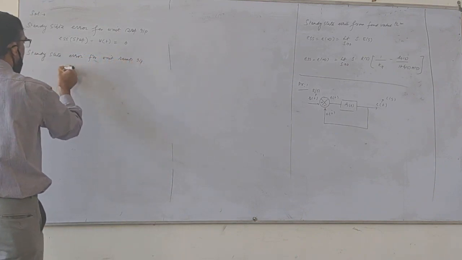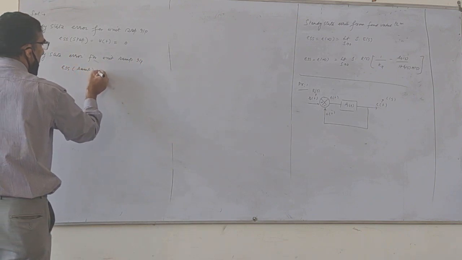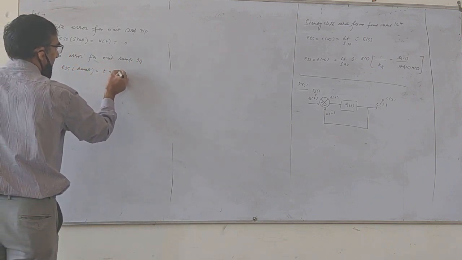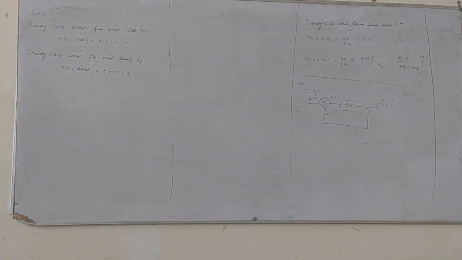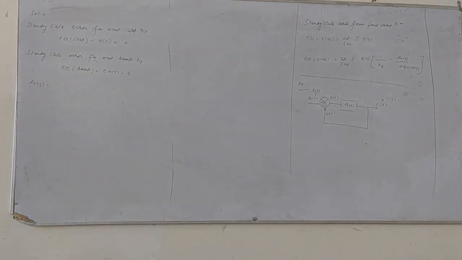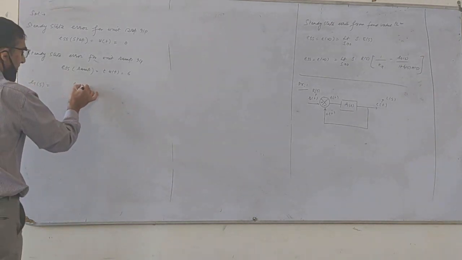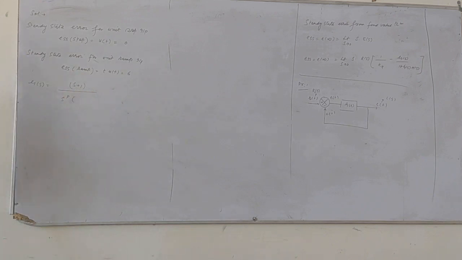That means ESS for ramp, which is t u of t, is given as 6. And also he has given the transfer function G of s as (s plus 1) divided by s raised to the power p, (s plus 2)(s plus 3).